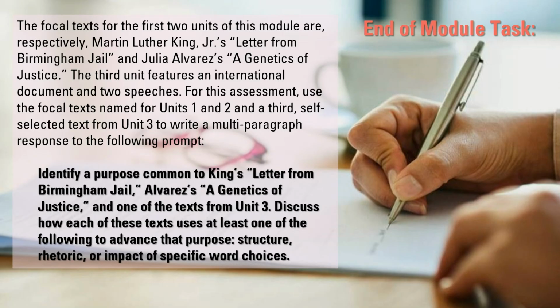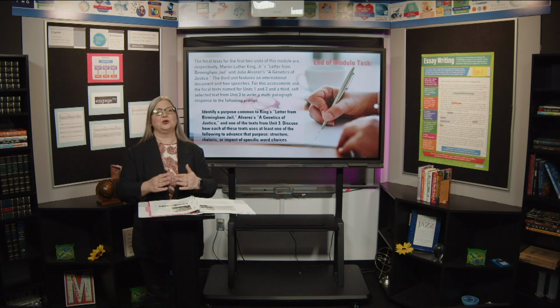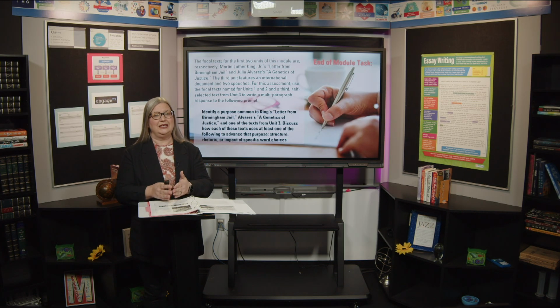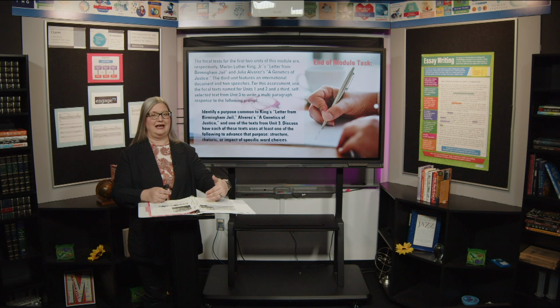You will see that you have lots of choices in this end of module task. The really interesting thing is throughout this unit and the other 2 units, we will be looking at multiple ways, all of these ways that you will be able to write that last essay.